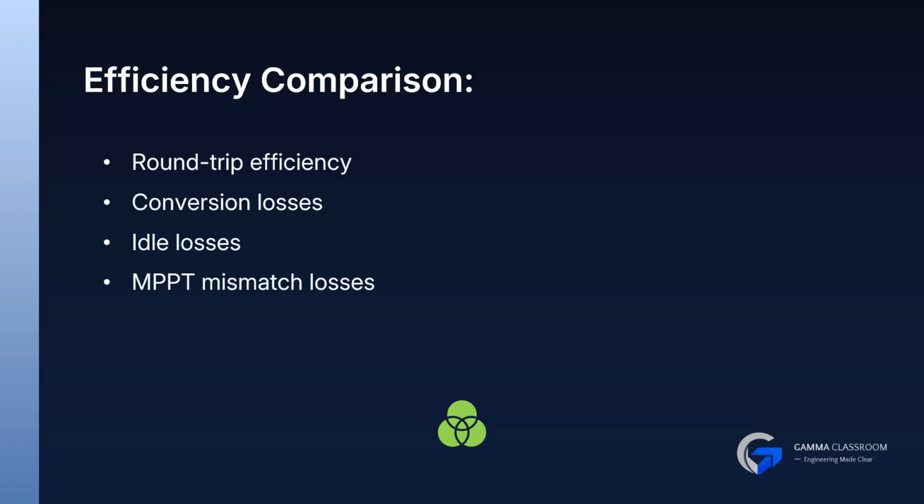Engineers must consider MPPT efficiency, PCS efficiency, idle losses, and round-trip efficiency. The right architecture depends on project goals, load profile, and regulatory requirements.